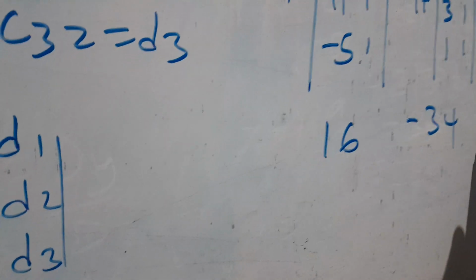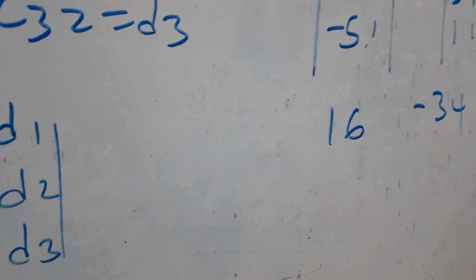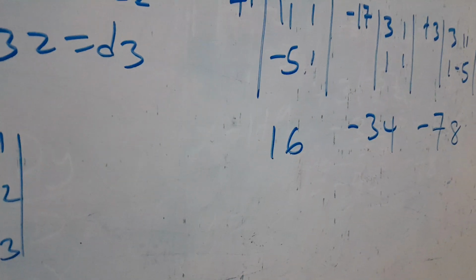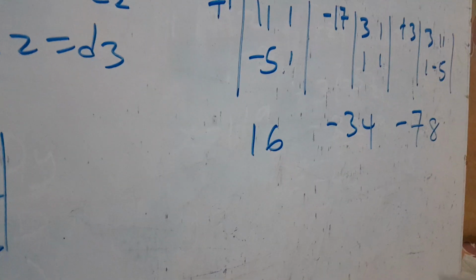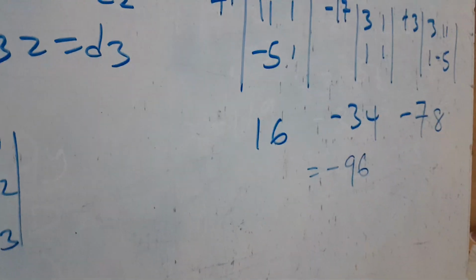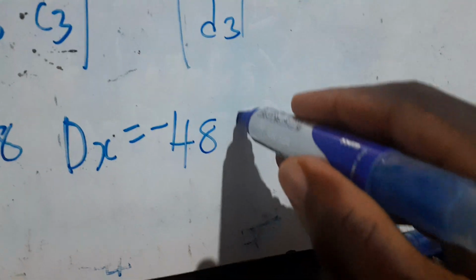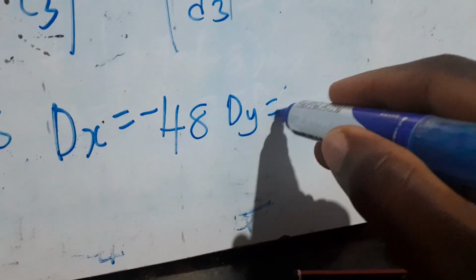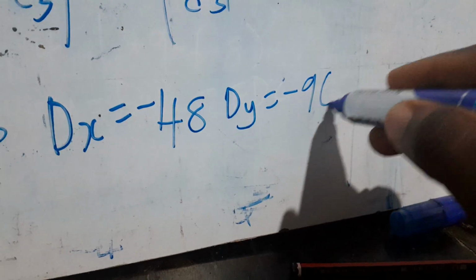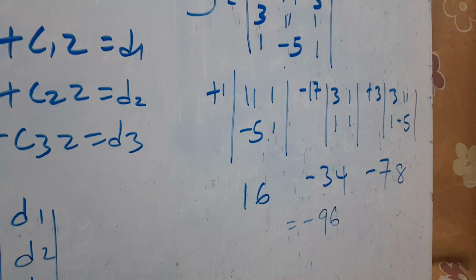Here your answer becomes -78. 16 minus 34 minus 78, you will have -96. Our dy, we come and indicate here. Our dy is equal to -96. We go ahead and find dz.